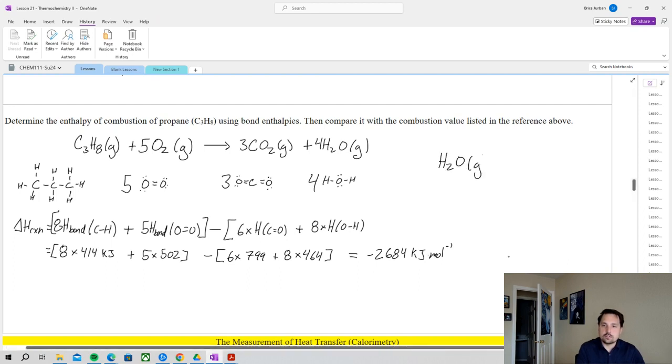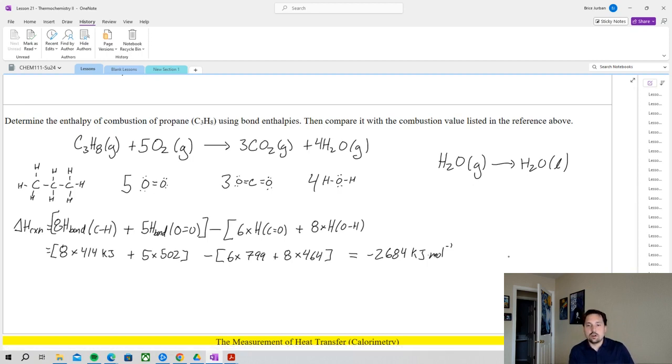Okay, so when water goes from gaseous to liquid, that's going to be known as the condensation of the gas. So it's going to condense down to being a liquid. So what is that delta H value going to be? Well, we can calculate that.